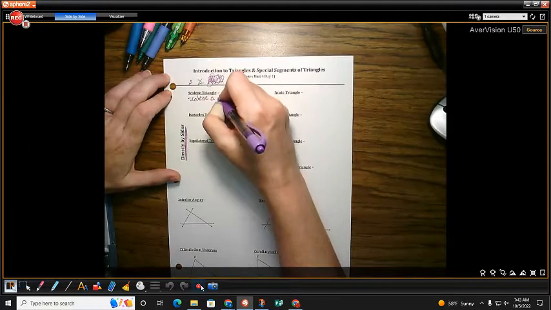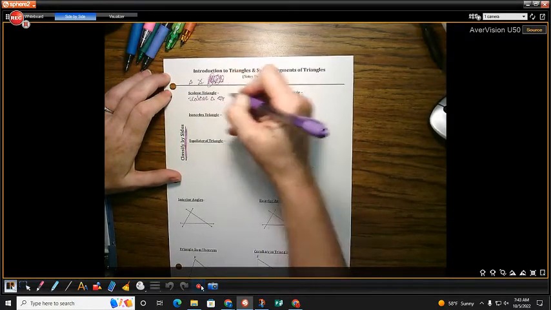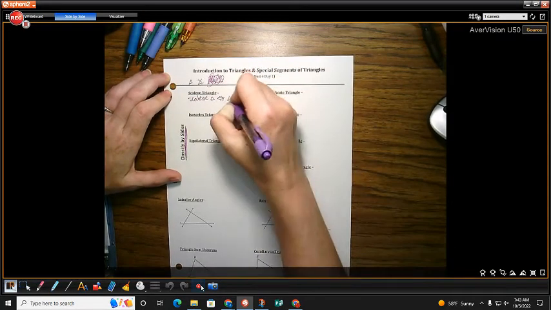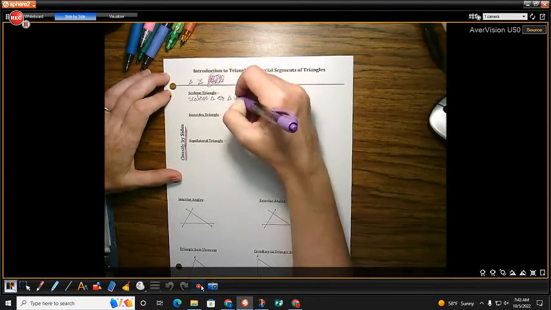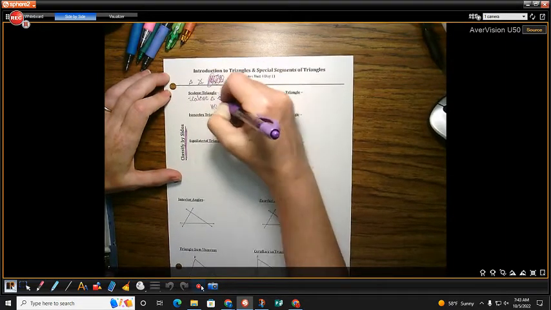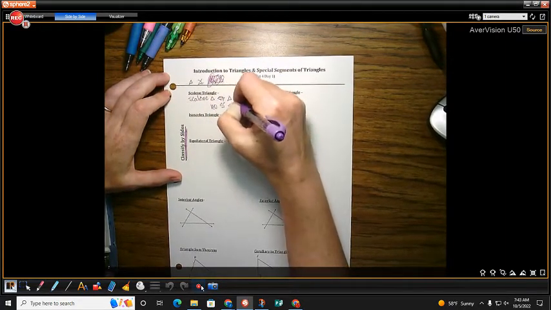And so a scalene triangle is going to imply some stuff. The first thing it implies is that you have a triangle. I know, shocking, right? And it's a triangle with no congruent sides. Now I want you to draw yourself a sample picture of a scalene triangle. Try and draw one that's scalene.